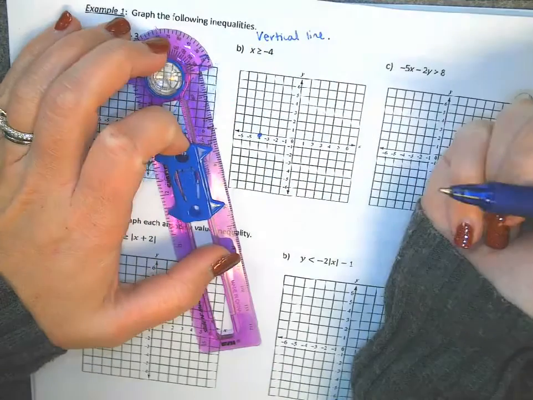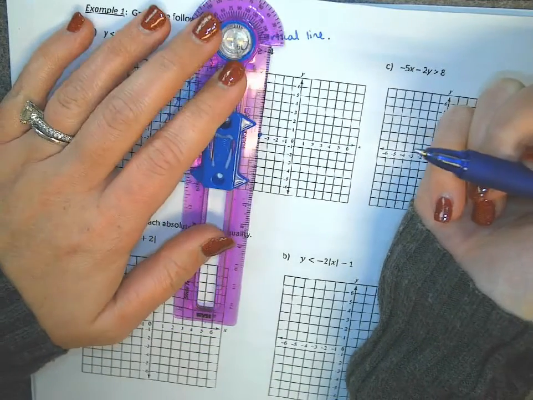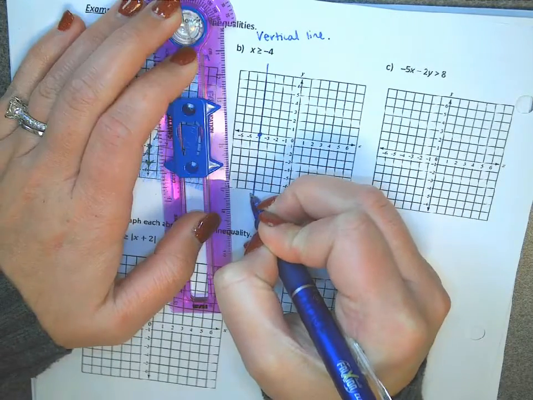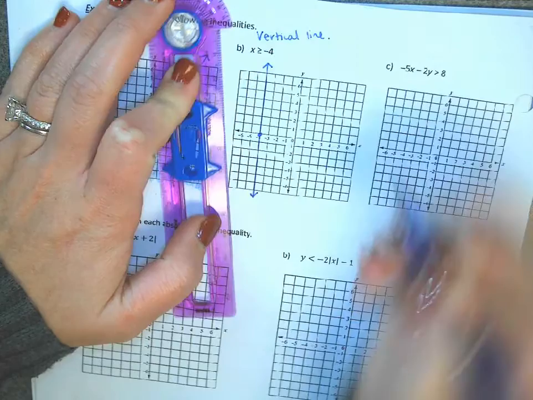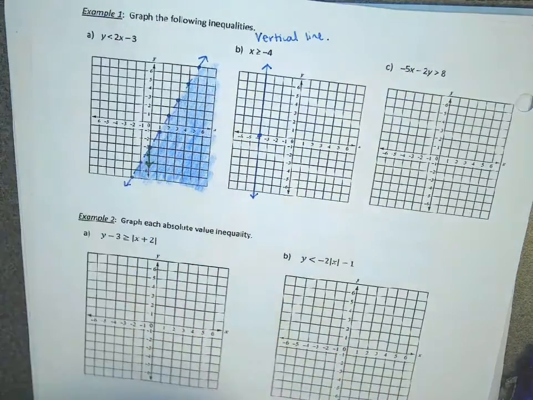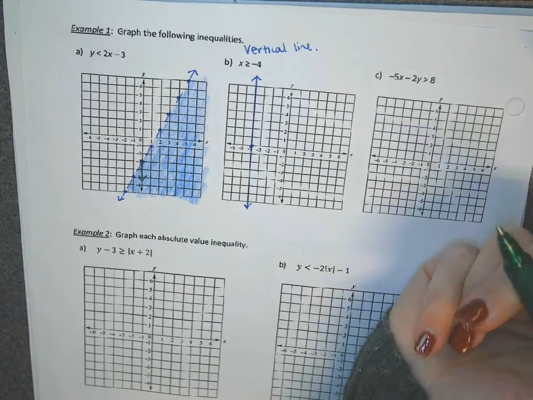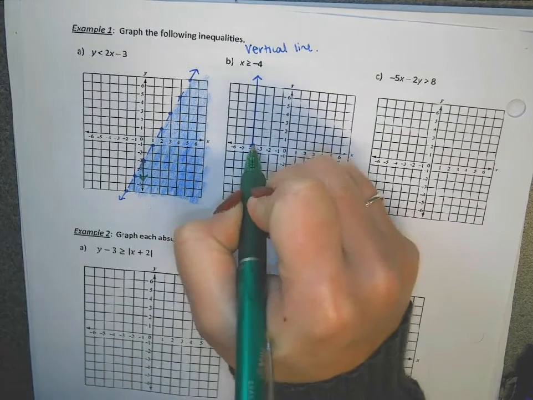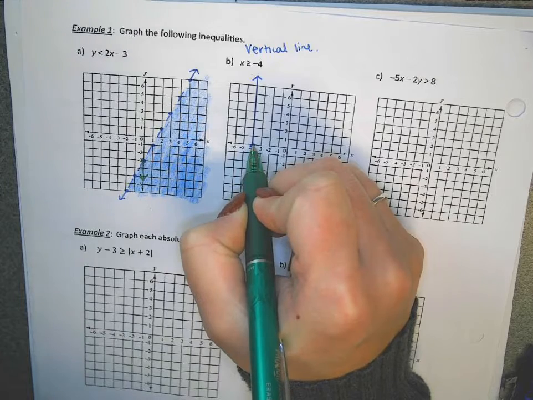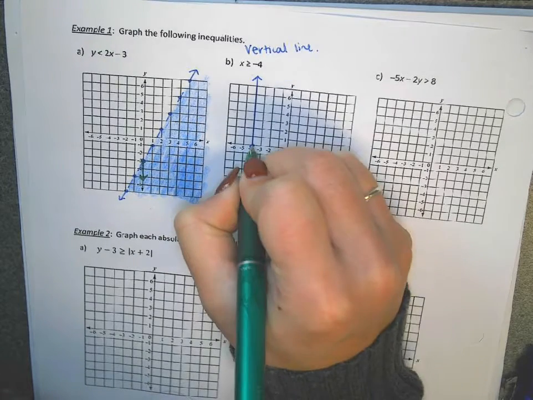Is it a solid line or a dashed line? A solid line. So we're going to draw that solid line through the x-axis at -4. Now, since this is x is greater than or equal to -4, put your pen or pencil on the x-axis at -4. What x values are greater than or equal to -4?